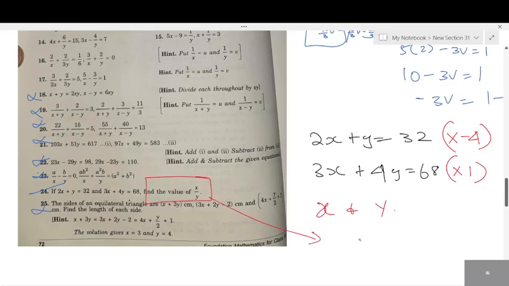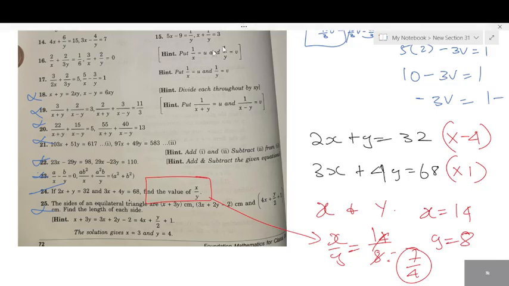For example, after solving, if you get x is equal to 14, y is equal to 8. What they've asked is, find the value of x divided by y. What is x divided by y? 14 divided by 8. When you reduce it, you get 7 by 4. That's it.